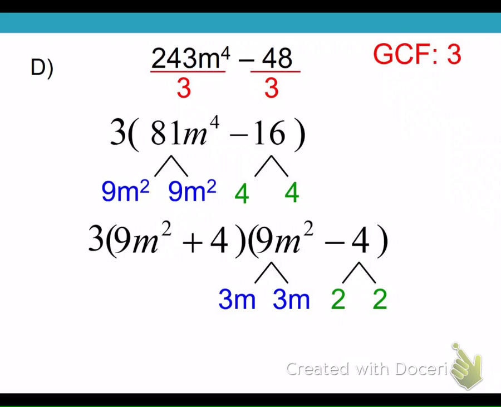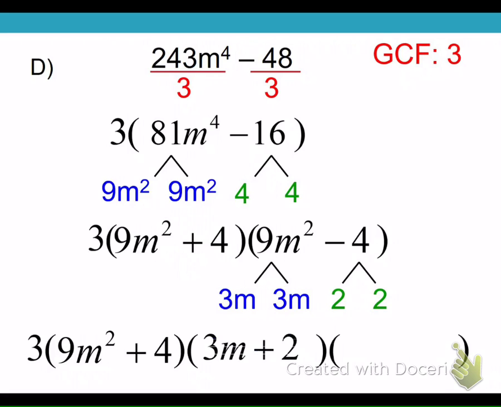So, what's my final answer? 3 times 9m squared plus 4 times 3m plus 2 times 3m minus 2. Very good.